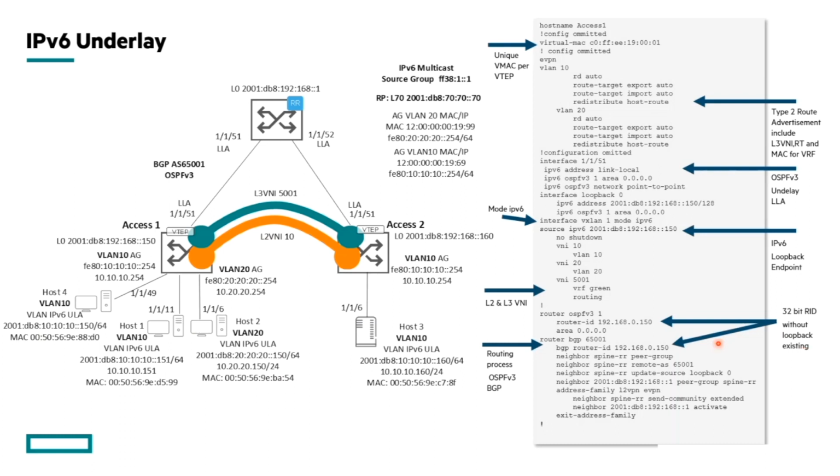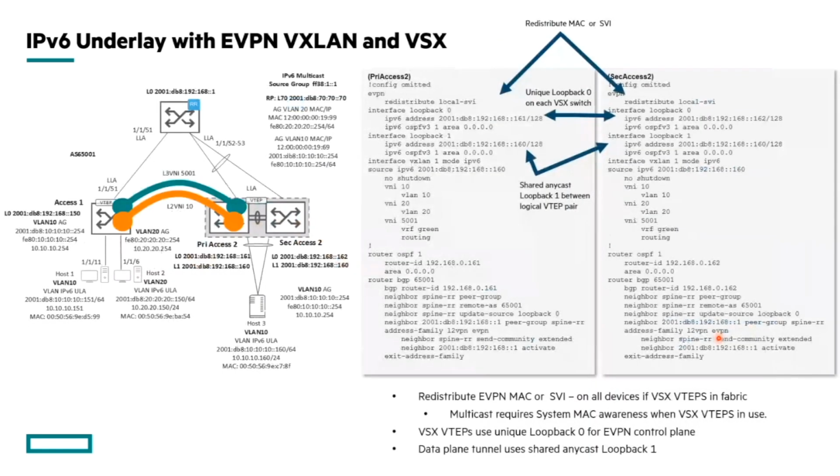So those are the main differences in terms of the configuration for setting up the v6 overlay, but let's have a quick look at VSX as well. There are no real differences here, but I just wanted to bring it up because there are some subtle differences.